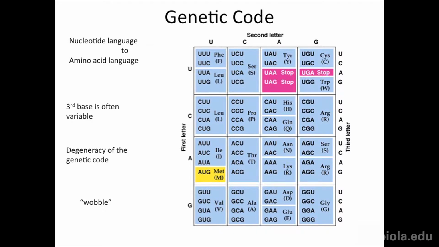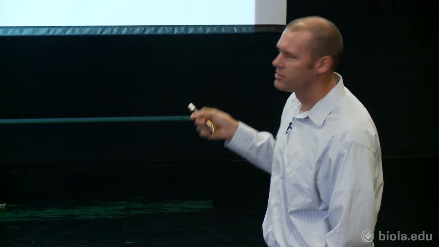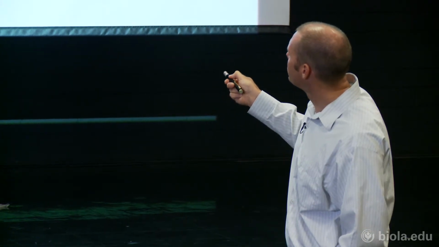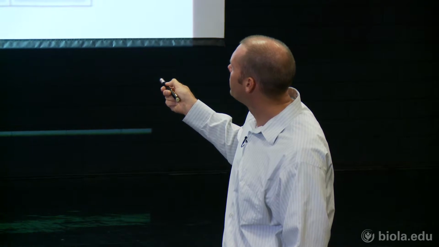Still codes for leucine. If you have a first letter change, it's usually an entirely different mechanism, right? So leucine is actually very common. You can make it a bunch of different ways. Notice it's going to wobble here in the 3rd position, or I'll have a completely different code, and then that wobbles just in the 3rd position, right?